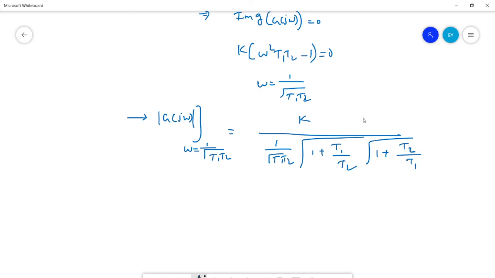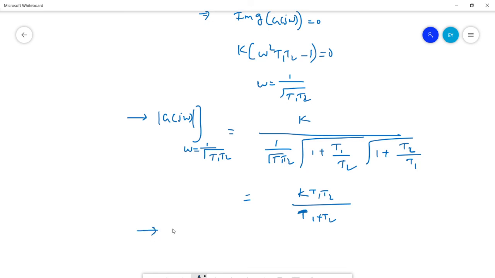If you solve this, you will get K into t1 t2 divided by t1 plus t2. This is the same expression we got earlier when solving for the intersection with the imaginary axis.